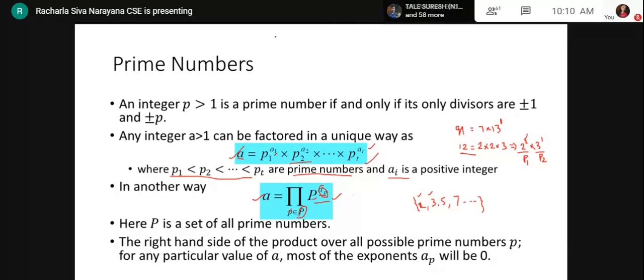We will take another example also, for example 3600.